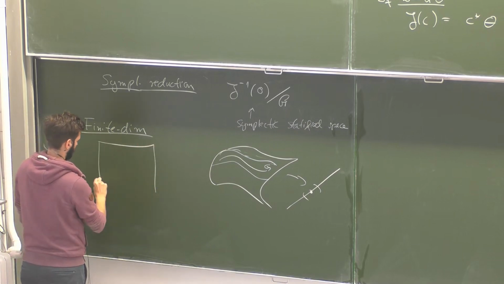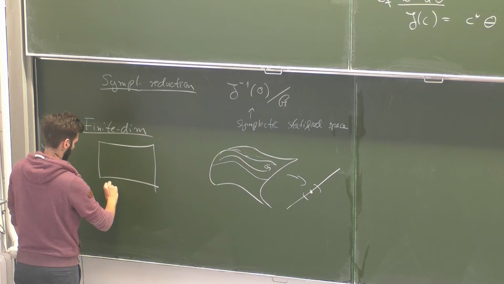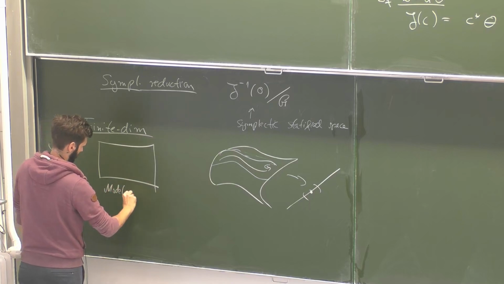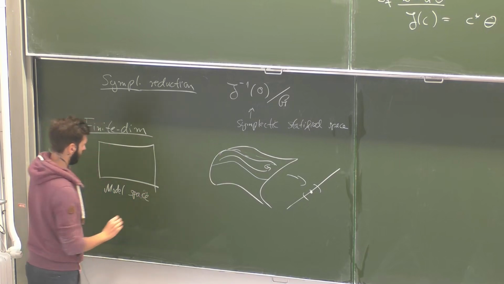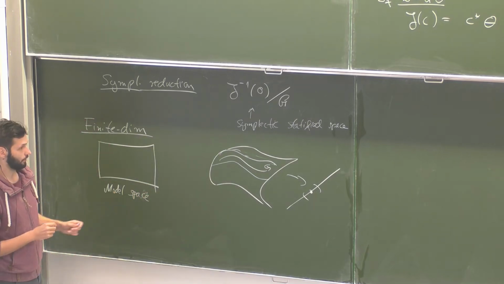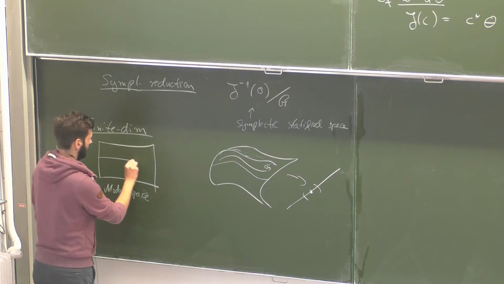a certain model space. And that construction is using some regular symplectic reduction that you can understand very well.